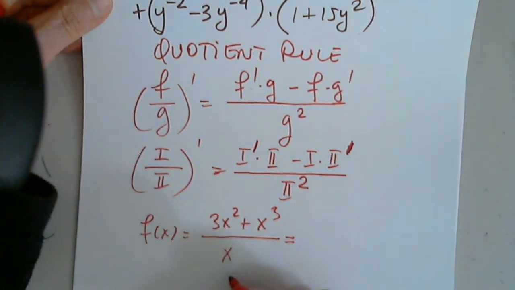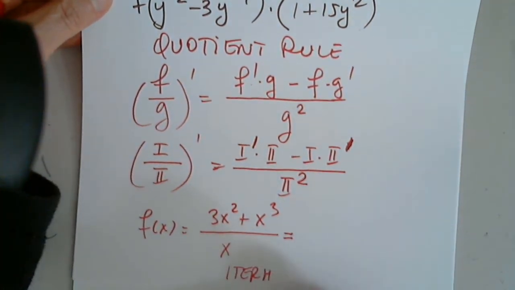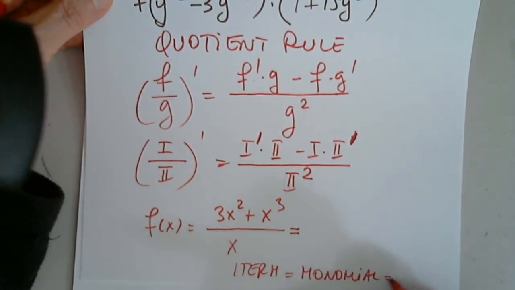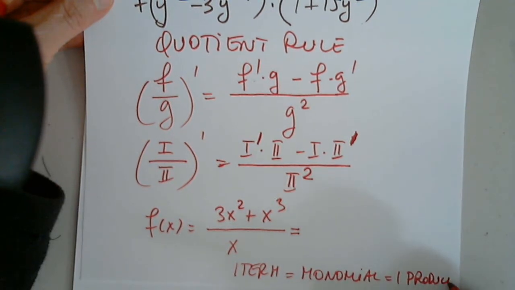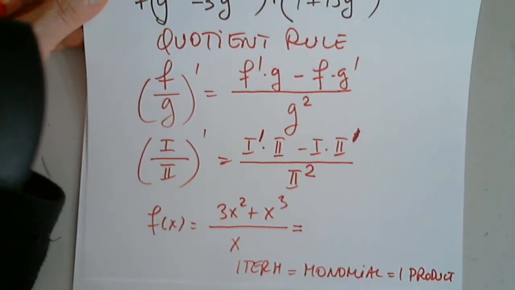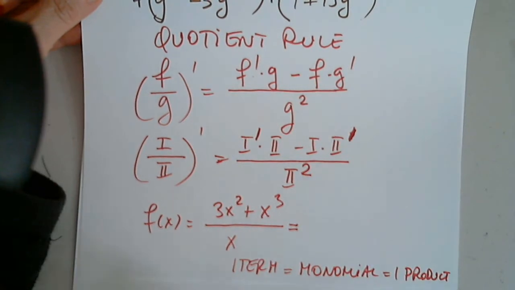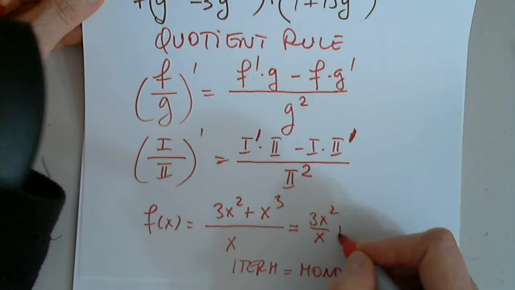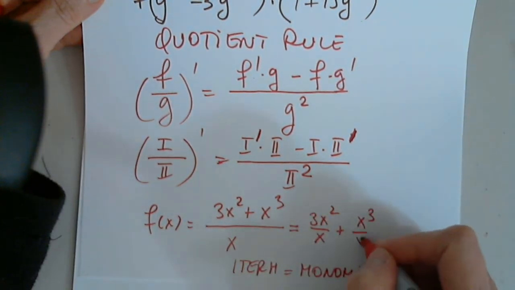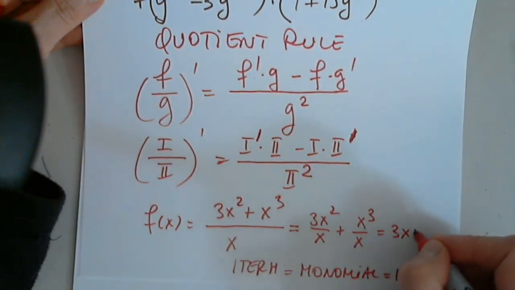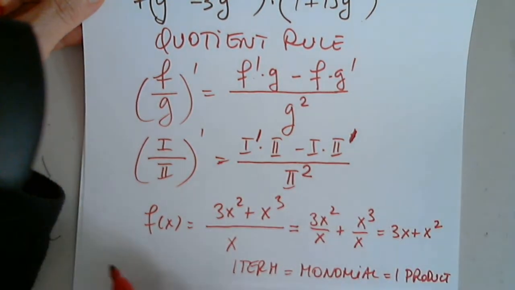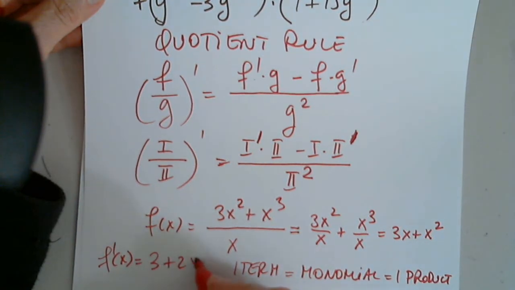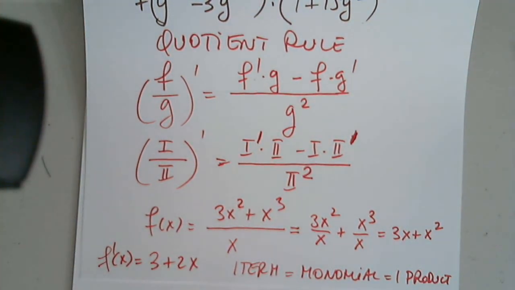Because the denominator has one term or one monomial or one product, I will never use the quotient rule on this unless I am forced to. Why? Because this is 3x squared over x plus x cubed over x, and I get 3x plus x squared. So when I find the derivative, I'm done. It's 3 plus 2x. You should always keep this in mind.